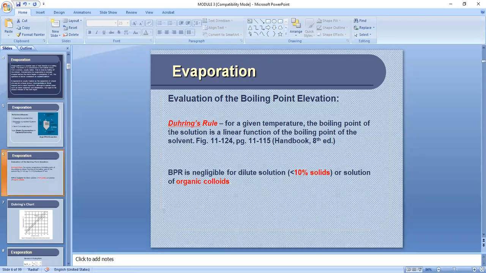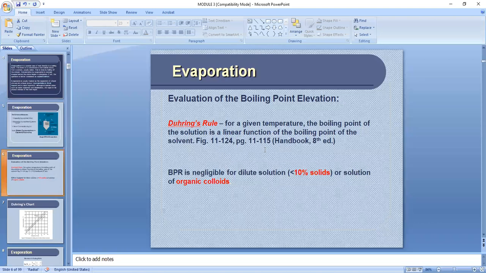Now, the Duhring's chart allows you to determine the corresponding increase in the boiling point of the solution. So the boiling point of your solution will be elevated due to the presence of solids in it. Normally, this boiling point rise or boiling point elevation is negligible, or we just consider it as negligible, if the concentration of our feed is less than 10% solids.